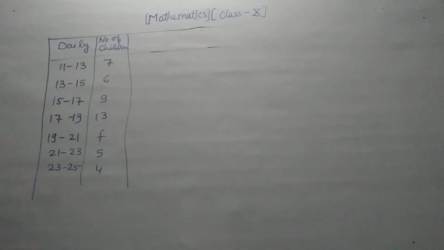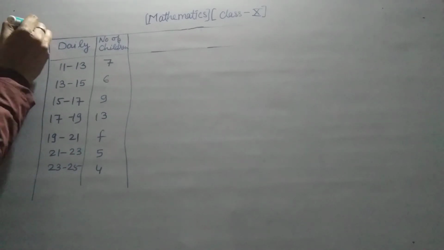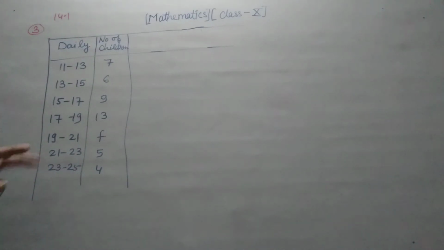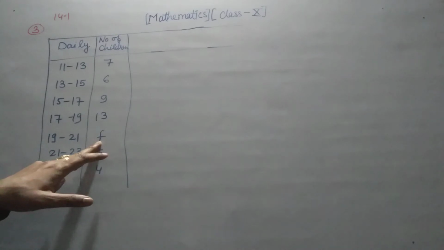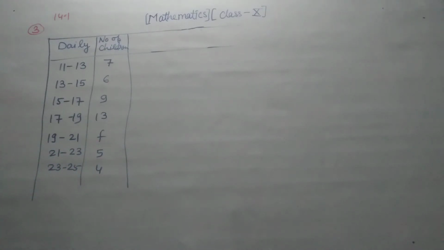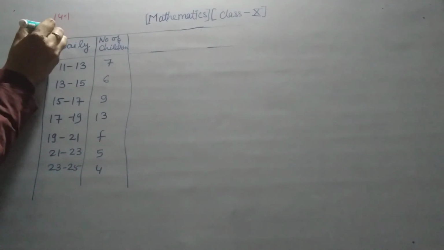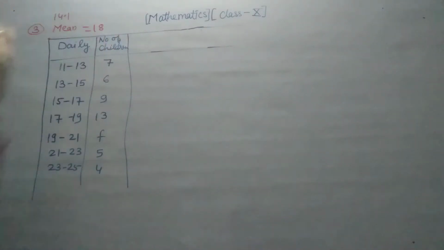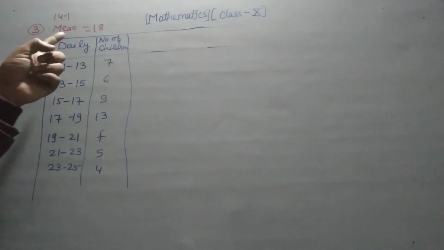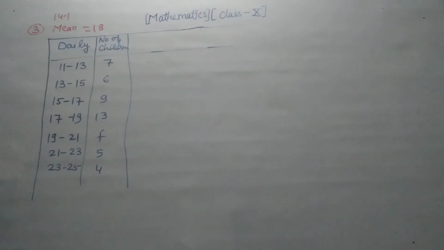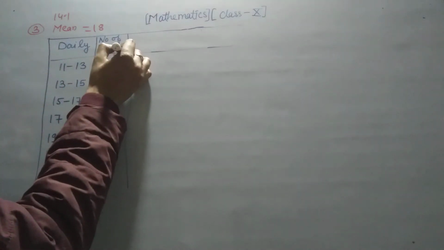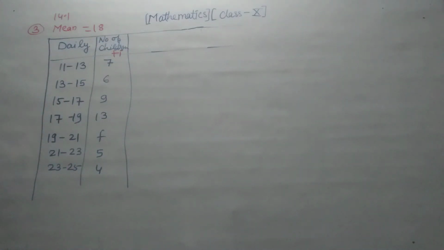This is the third question of exercise 14.1. In this question you have to find the value of f when the mean is given, and here the mean is equal to 18. You have the interval and the frequency, denoted by fi.